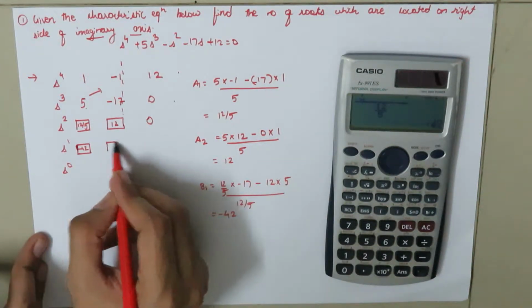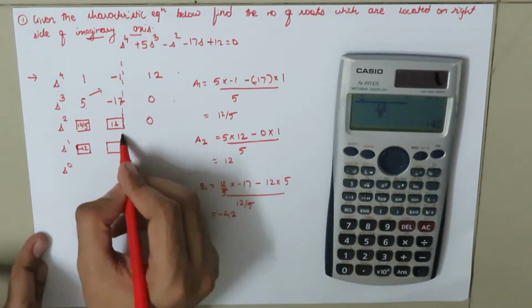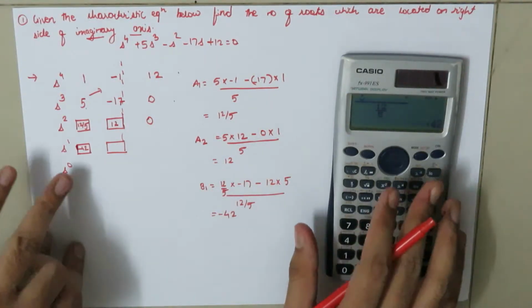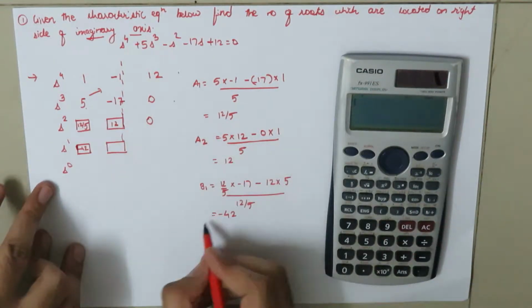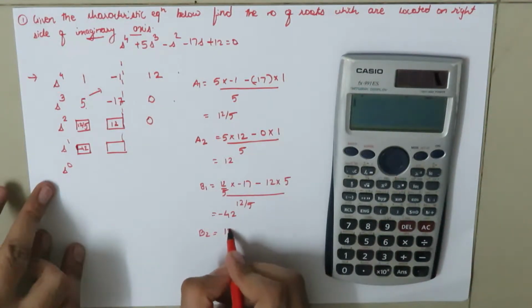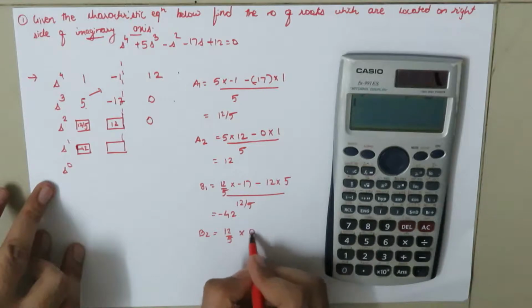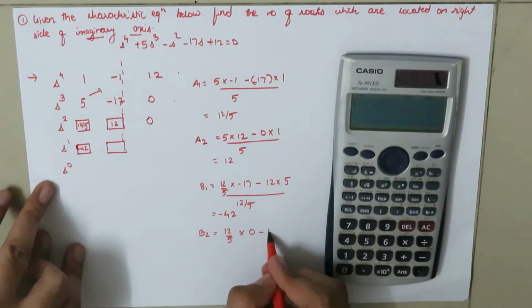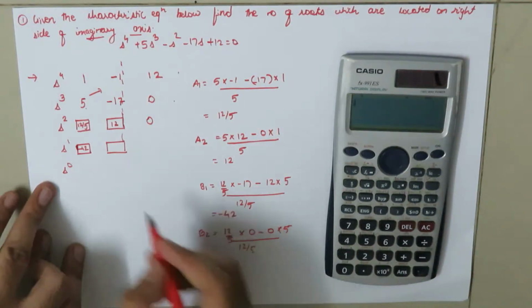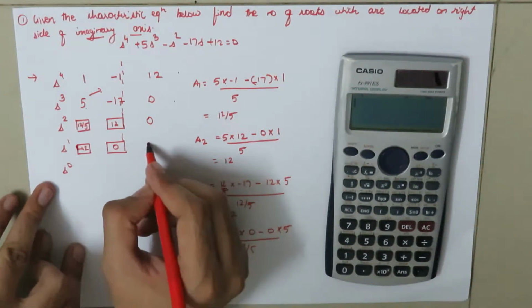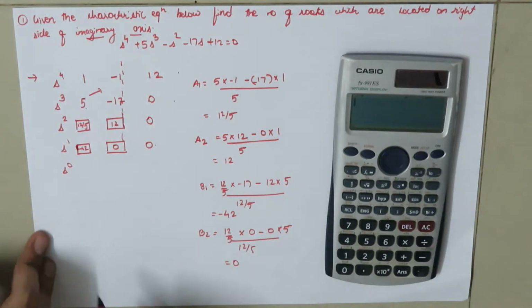And in order to find this element we are going to delete this column, so B2 will be equal to 12 by 5 into 0 minus 0 into 5 over 12 by 5, which will again be equal to 0. So here we'll get 0, and here of course we have 0.